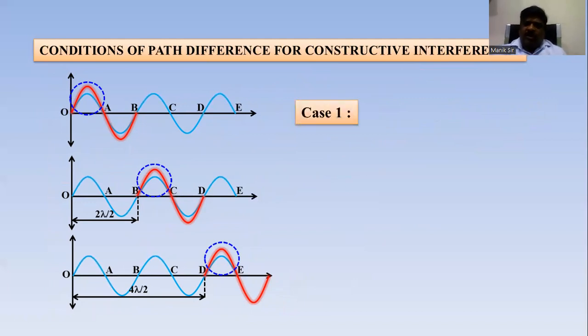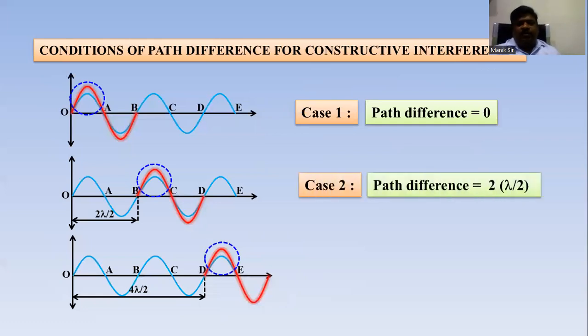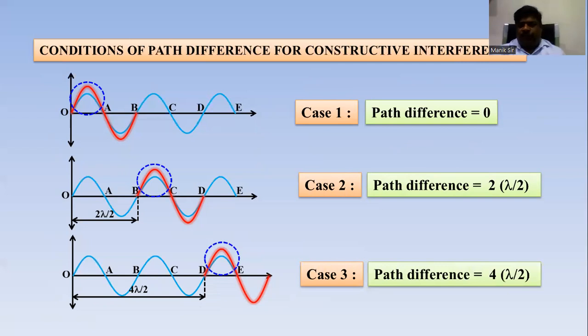This is our conclusion. See, in the first case, the path difference is 0. In the second case, the path difference is 2 lambda by 2, that is equal to lambda. In the third case, the path difference is 4 lambda by 2, that is equal to 2 lambda. Okay, so 0 lambda in the first case, 1 lambda in the second case, and 2 lambda in the third case.